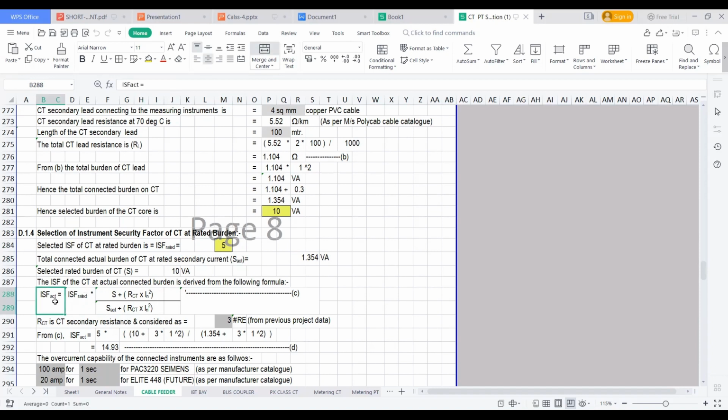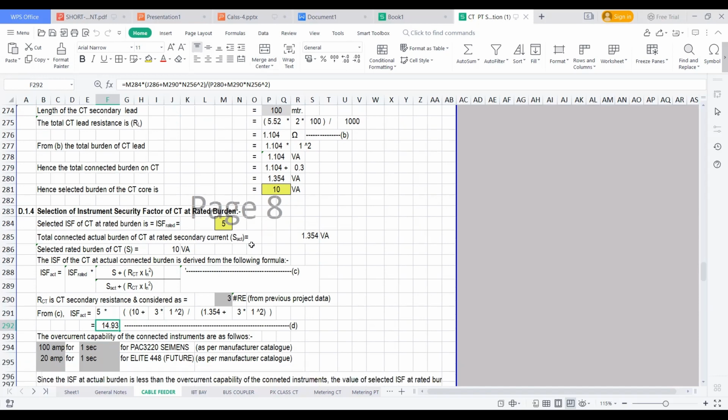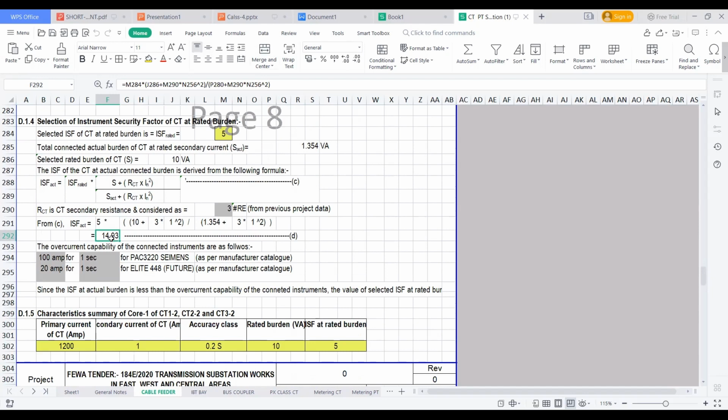So now my actual ISF is not 5, my actual ISF is 14.93. If it is 14.93, it means even if my primary current is 12 times its rated current, my CT will not enter into saturation. So there is a chance of 14.93 amps flowing in the secondary.